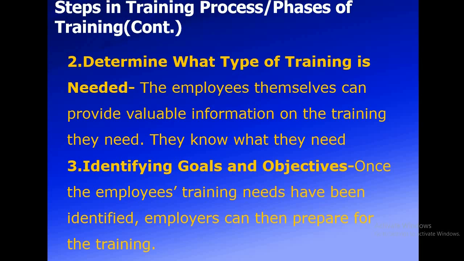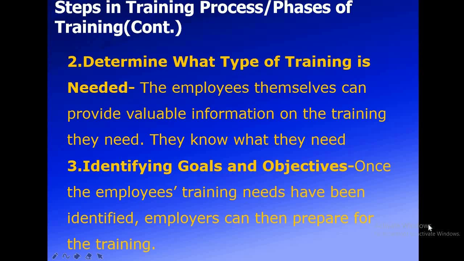Once the kind of training that is needed has been determined, it is equally important to determine what kind of training is not needed. Training should focus on those steps on which improved performance is needed. This avoids unnecessary time lost and focuses the training to meet the needs of the employees.